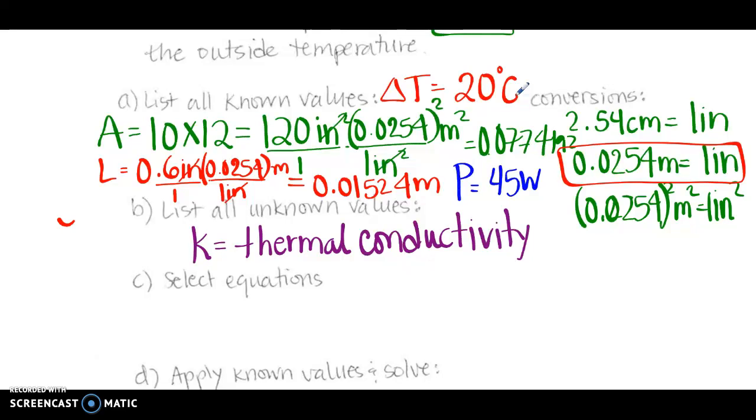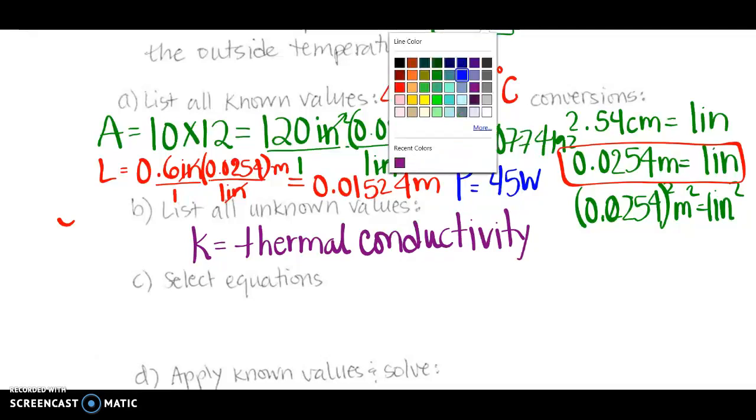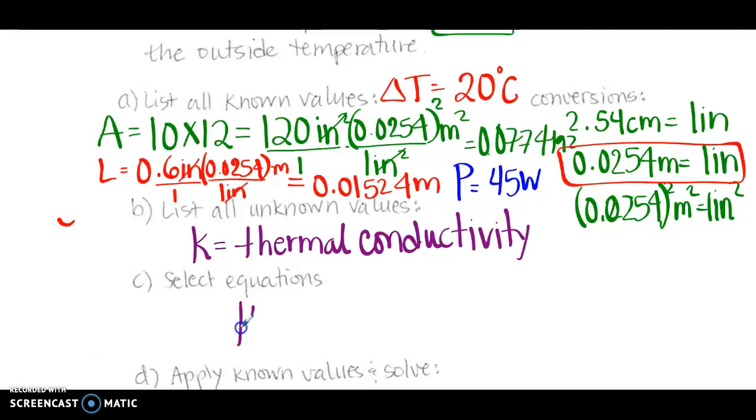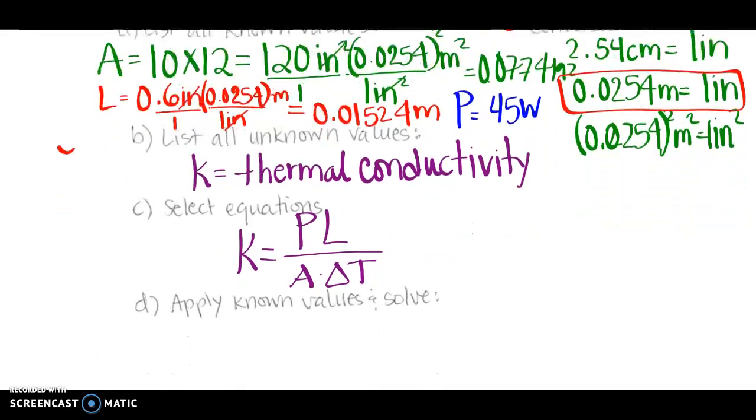So the equation that we're going to use for our value of K is P times L over A times the change in the temperature from the outside to the inside.